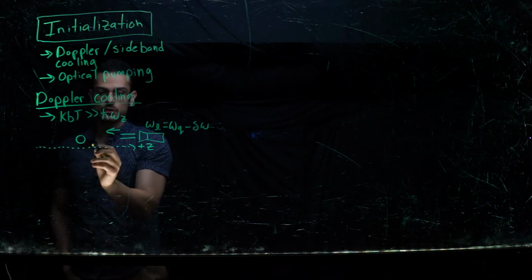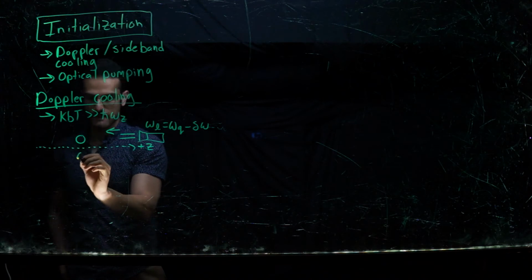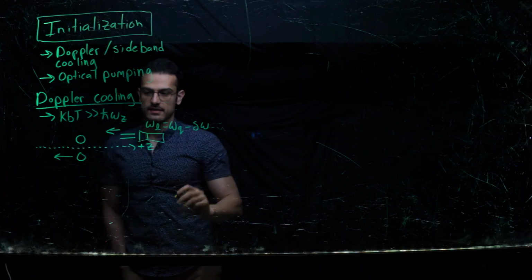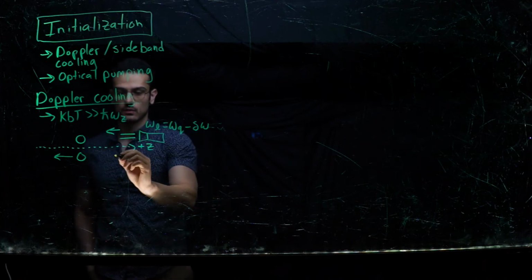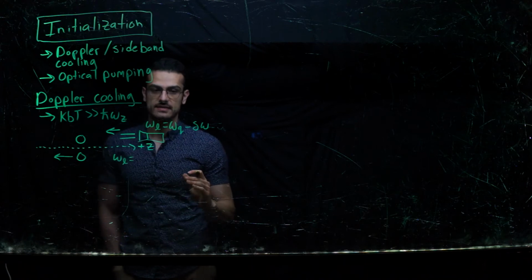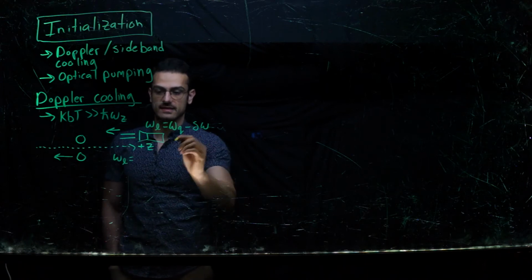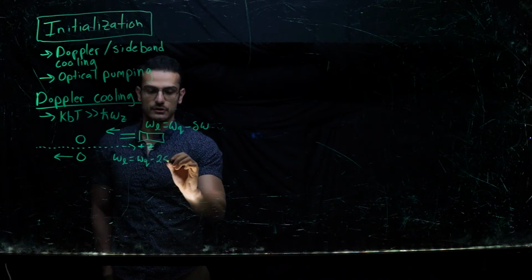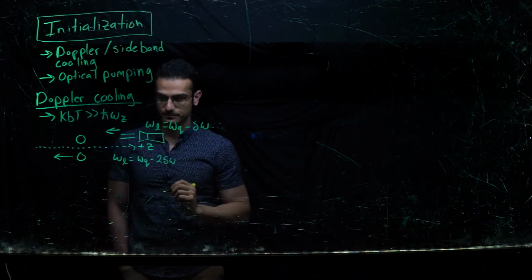If the ion is moving away from the laser, the Doppler shift will be such that the frequency of the laser it experiences is slightly less than this amount. So we'll say it's 2 of these small deviations.